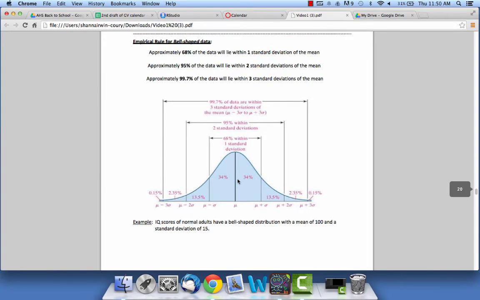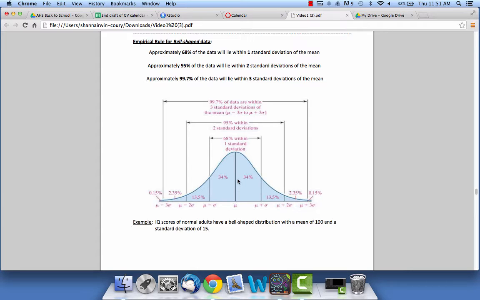So here's the empirical rule if something is bell-shaped. So only if it's bell-shaped do we really want to use mean and standard deviation as our descriptors. About 68% of the data are within one standard deviation, either direction from the mean. So if you take the mean and add a standard deviation, and then take the mean and subtract a standard deviation, about 68% will be between those two values.